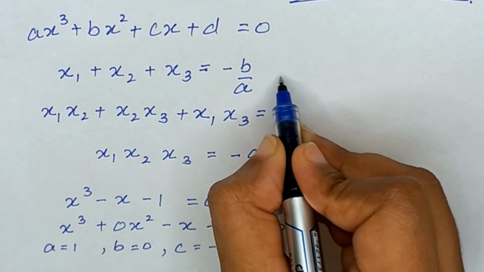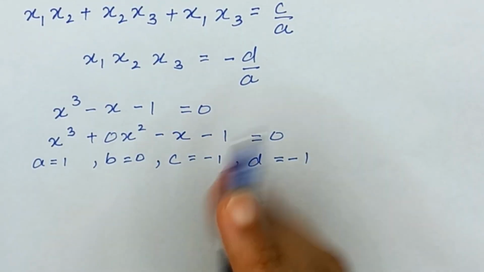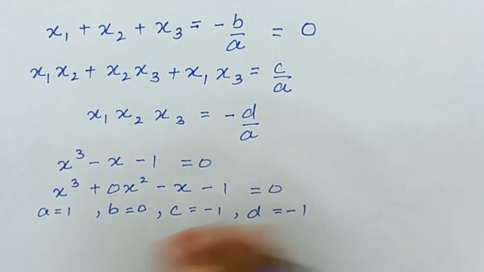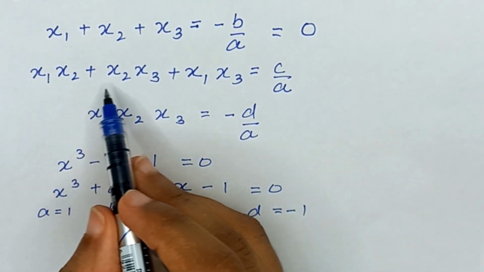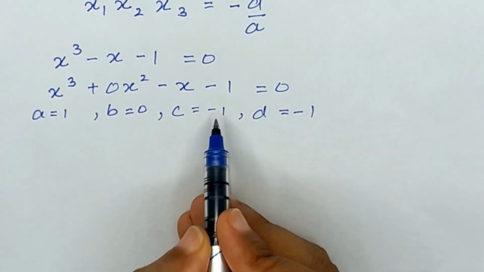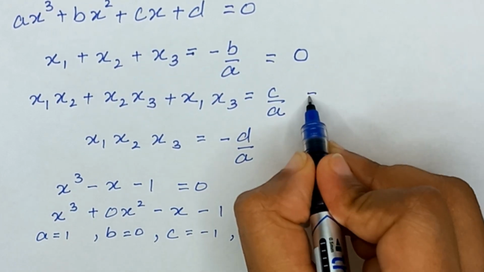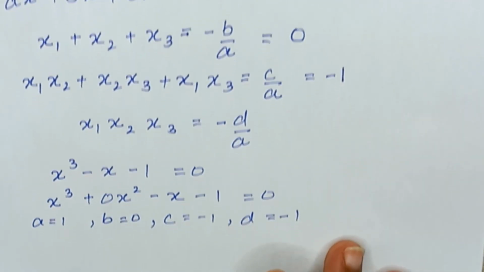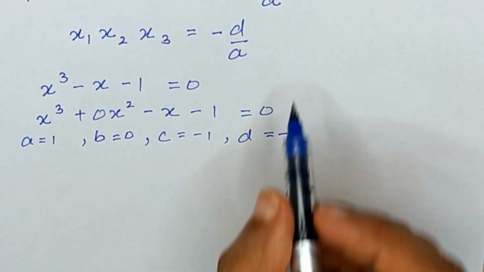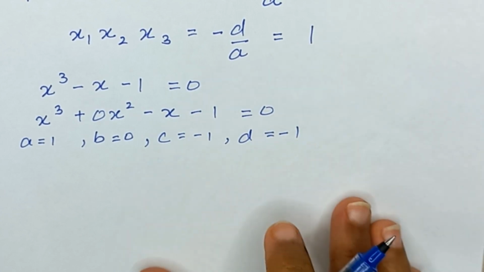Negative b divided by a, where b is 0, means the sum of the roots is equal to 0. And x1 x2 plus x2 x3 plus x1 x3 is equal to c divided by a, which is negative 1 divided by 1, so negative 1. The product of the roots is negative d divided by a, and d is negative 1, so negative times negative is 1.